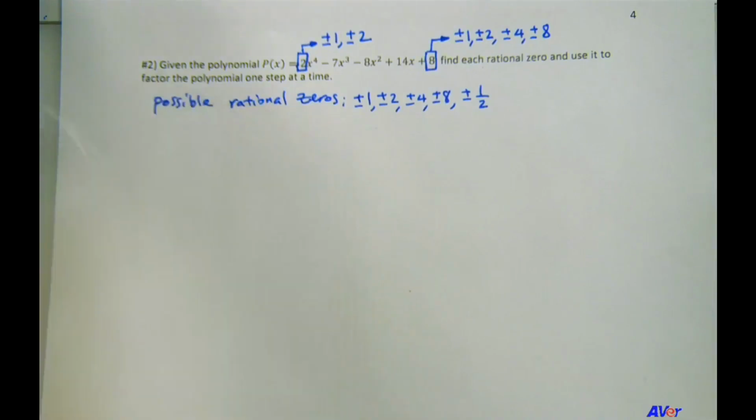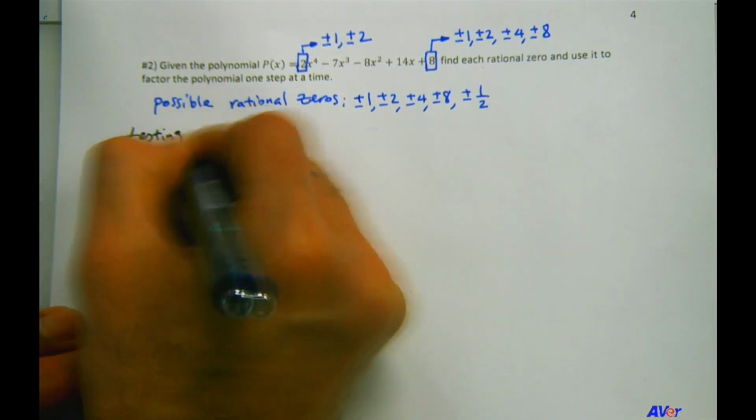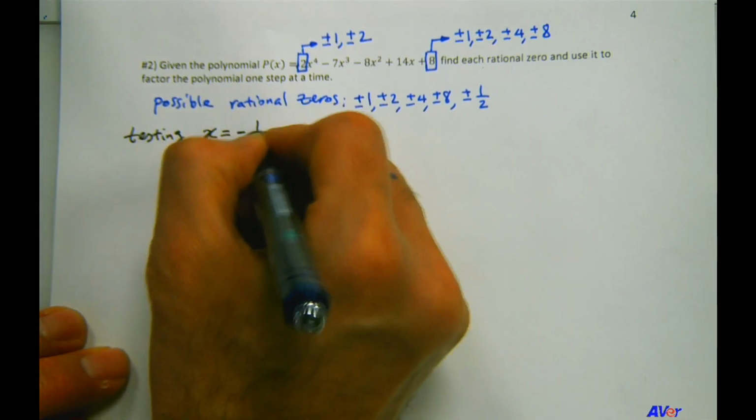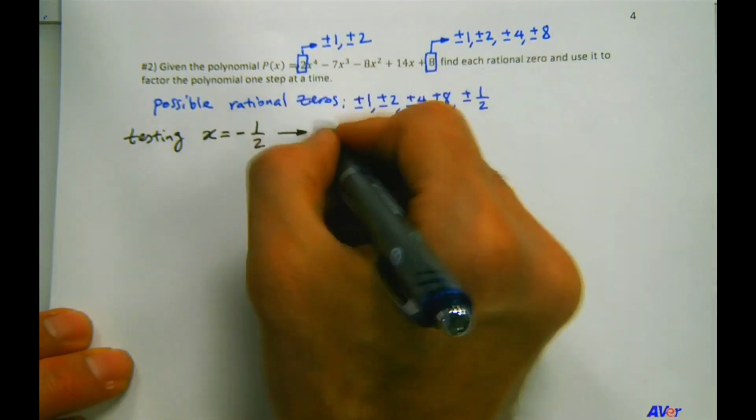So testing x equals minus 1/2, right? What do we have then? Let's plug into this polynomial.